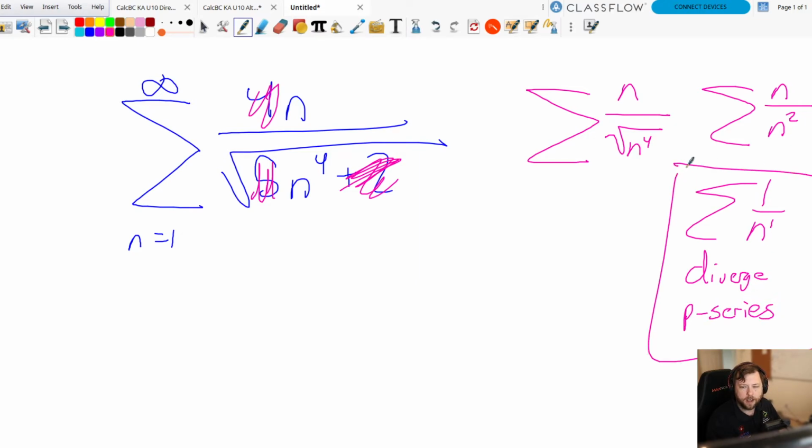Since this one diverges, our original would diverge because it's close enough to this, 4n over square root of 5n. So that's how that stuff works. Think of it as it's close enough to that p series. You're just trying to do the problems.